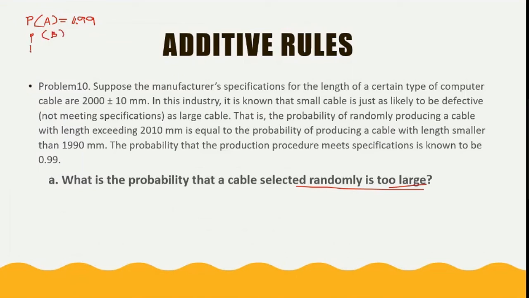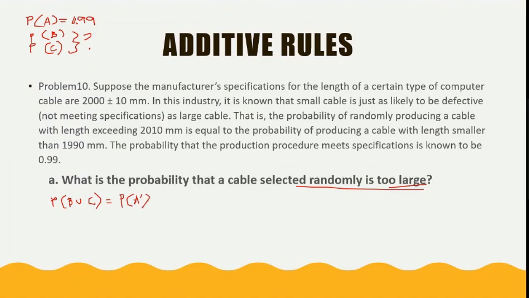And the probability of C is for the larger one, so that's greater than 2010. But we don't know these probabilities. So therefore, we have to get first the probability of getting both. We know this.